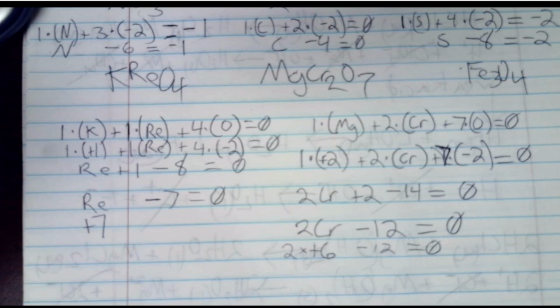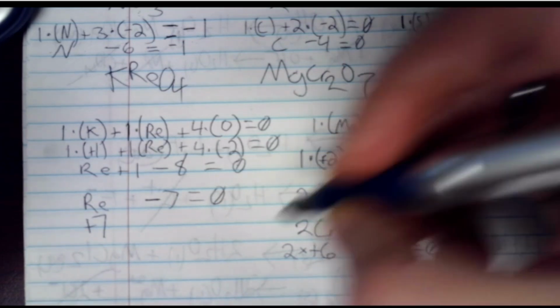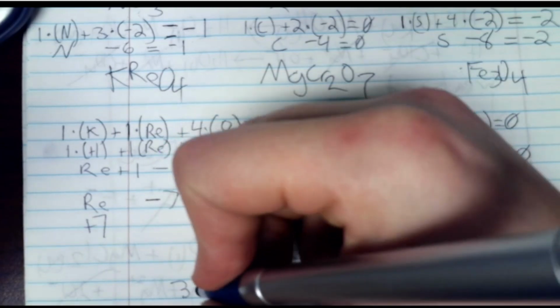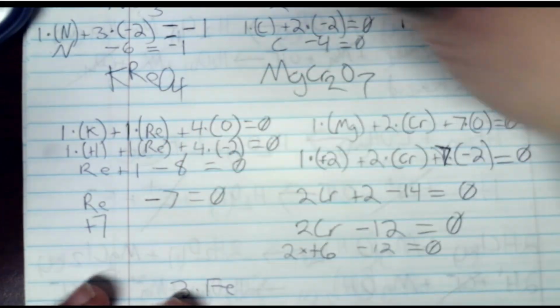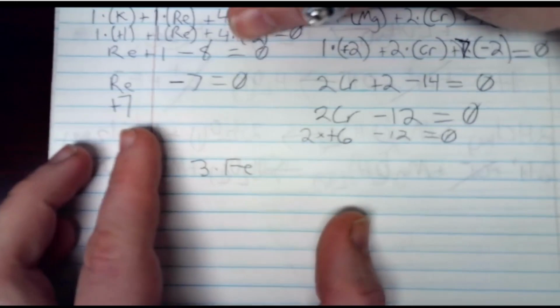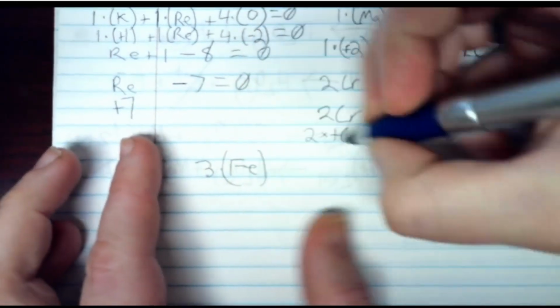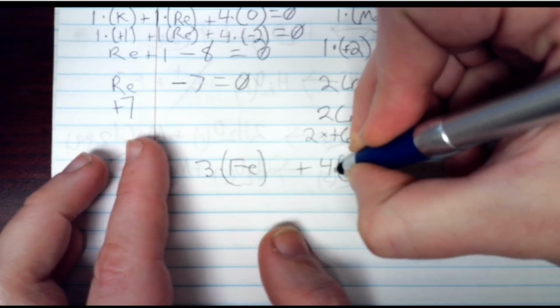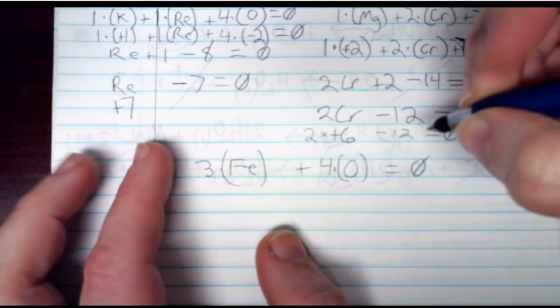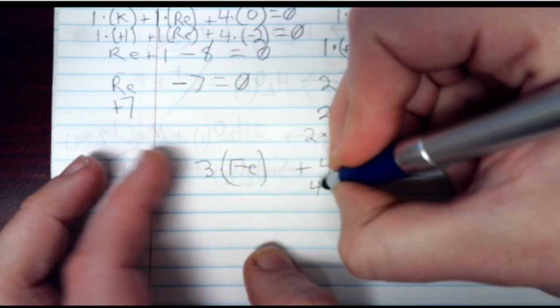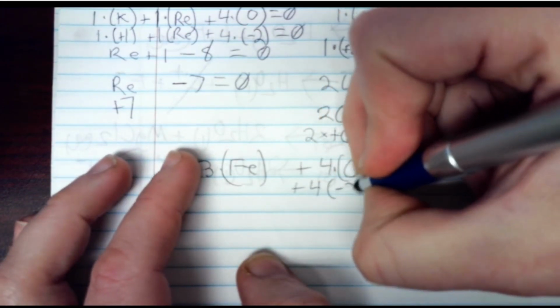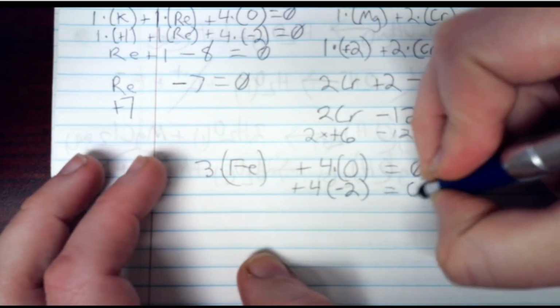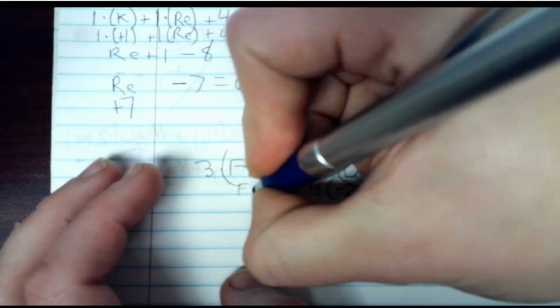Now the last one is a truly challenging problem. Iron 3, there are 3 irons and 4 oxygens. That gives us neutral. We know what the oxygen should be. Iron, that's a little bit iffier.